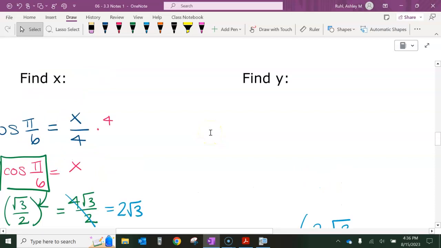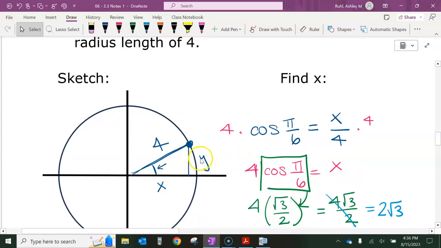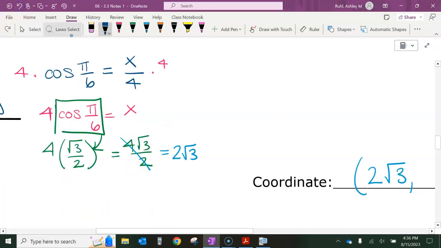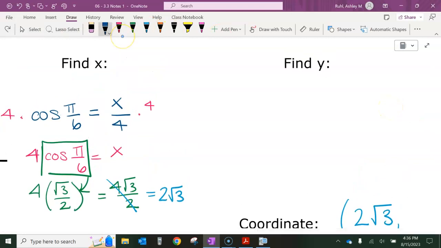Now I need to find what y is. I'm going to follow the same process here. If I solve for y, what trig function would that be? That would be opposite, and 4 is hypotenuse, so that would be sine. So I've got sine of pi over 6 is equal to opposite over hypotenuse.